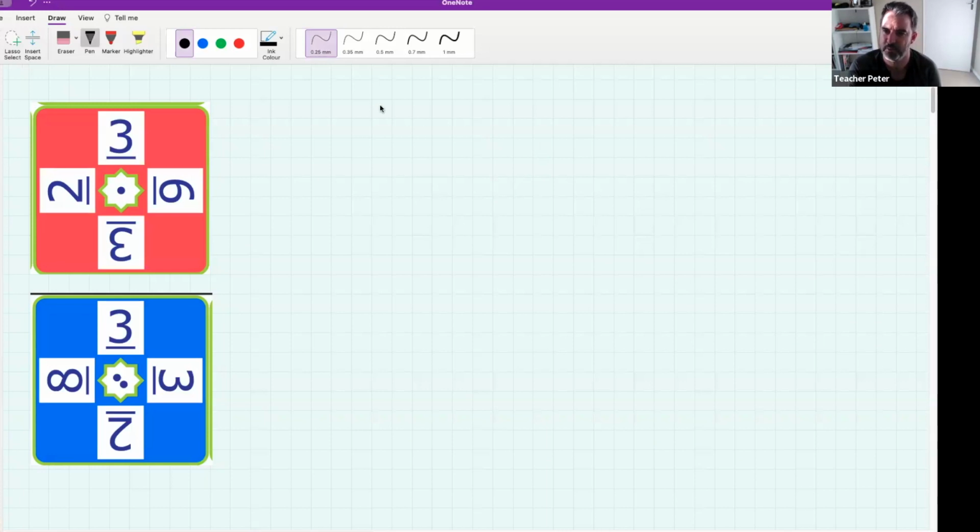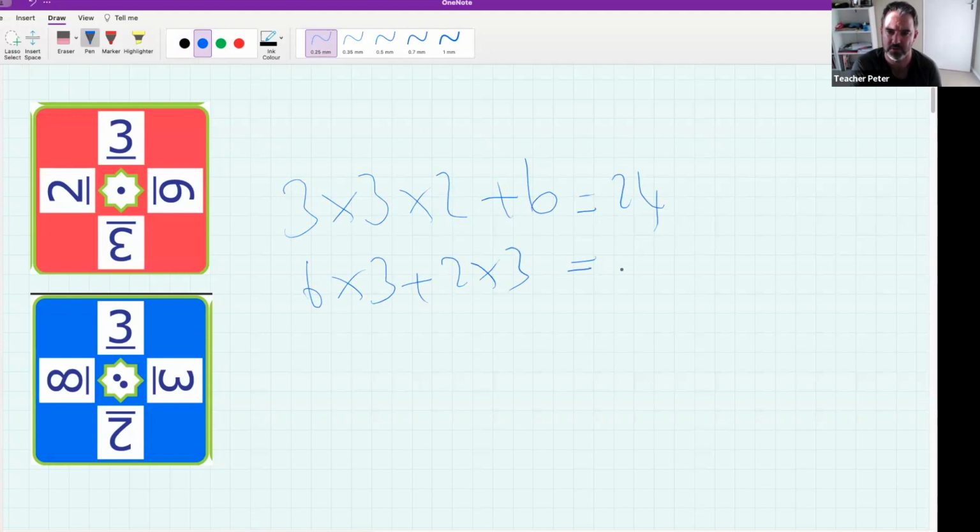Pilar and Callan have put some options in. Let's have a look. Callan says 3 times 3 times 2 plus 6, which is a correct answer. Or you can go 6 times 3 plus 2 times 3, which is indeed correct. Both of these options are correct. So Pilar and Callan, you are champions for the moment. Does anybody have anything for the blue one?